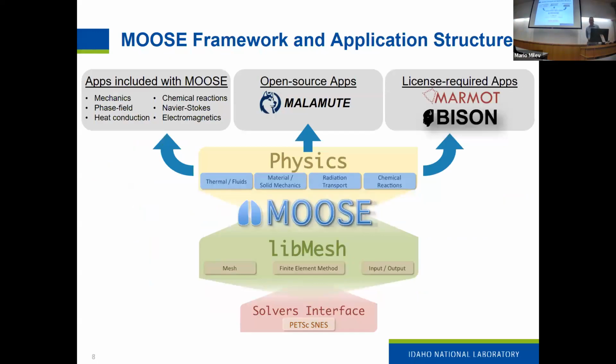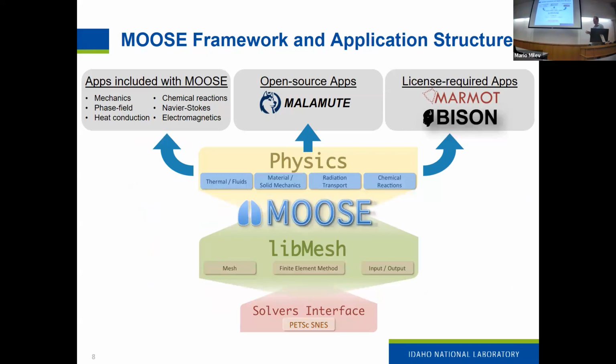Just to say a little bit more about how the framework is constructed. MOOSE itself sits on top of a couple layers of existing codes or frameworks. We use PETSc as our primary numerical solver. That's underlying how we solve the matrix vector problem that results from the finite element discretization.